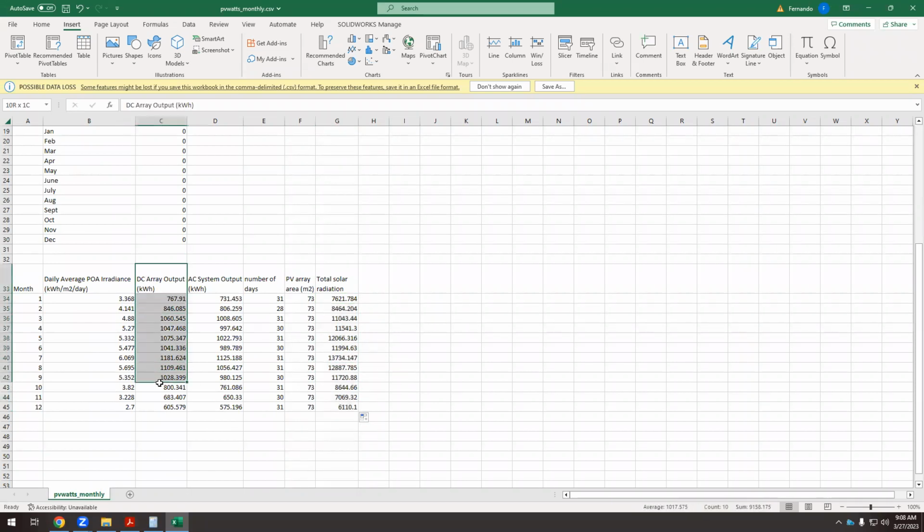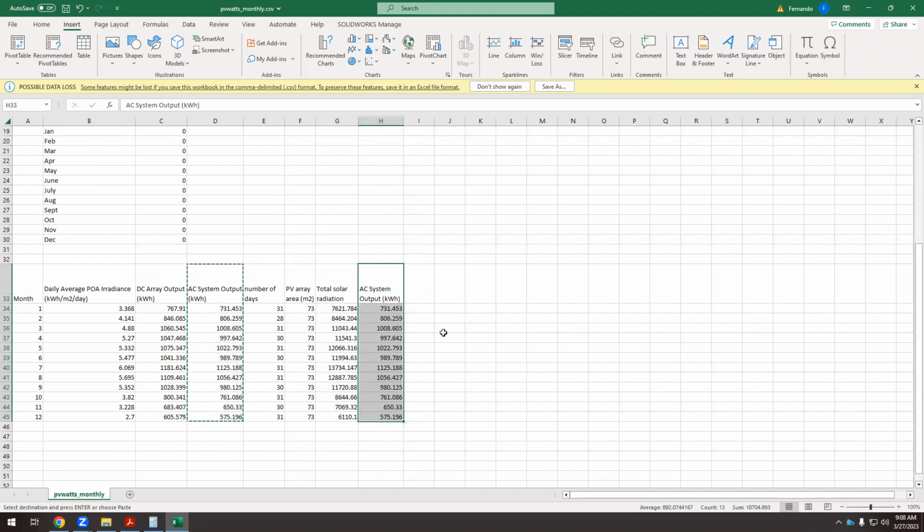And what I want to do now is copy this here. No, not the DC output, sorry. I want the AC output. There you go. Okay.